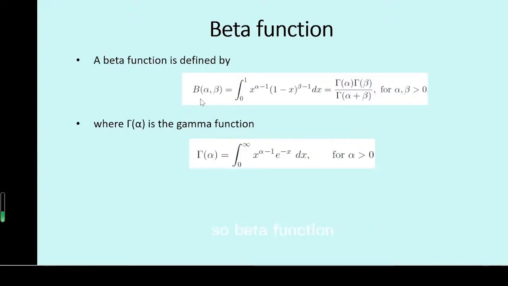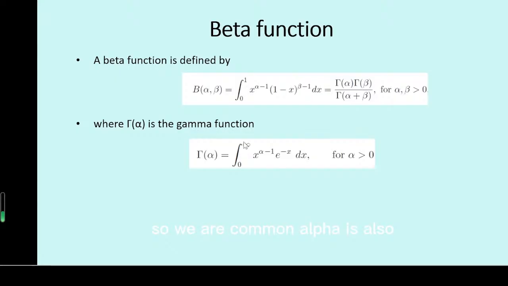The beta function, denoted by capital B of alpha, beta, is the integral of dx of the product of two terms, x to the power alpha minus 1 and 1 minus x to the power beta minus 1, over the range 0 to 1. This can also be expressed with the gamma function: gamma alpha times gamma beta divided by gamma of alpha plus beta.